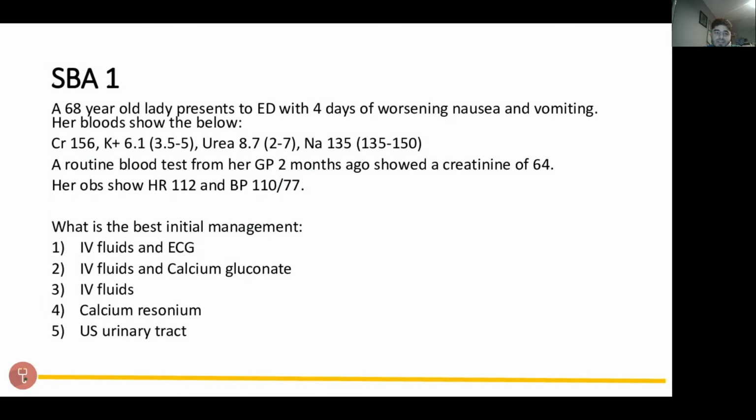Quickly reading you through it: a 68-year-old lady presents to A&E with 4 days of worsening nausea and vomiting. Her bloods show creatinine 156, baseline is 64, potassium 6.1, urea 8.7, sodium 135. Her observations show she's quite tachycardic, with a normal-ish blood pressure.